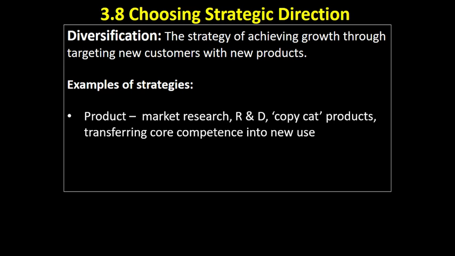You could argue that there's some similarity between those products and markets, but that is a strategy of diversification, and what they've done is take their core competence of being really good at design and spread that into new markets and new areas.